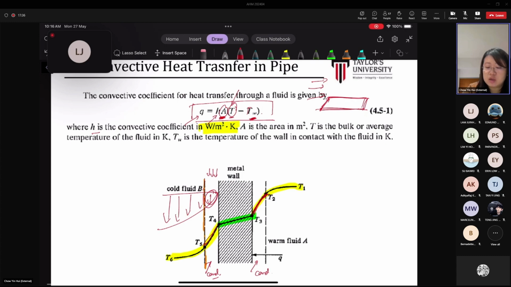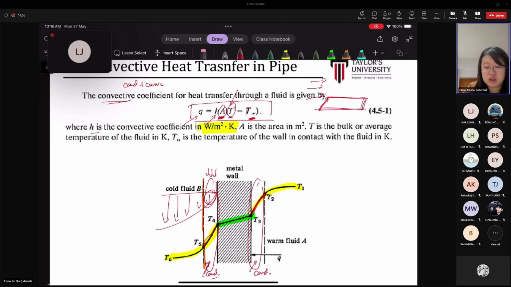That's why, when we talk about convective heat transfer, it is actually a combination of conduction and convection. In these two sections, because of the very low velocity, the fluid flows at a very slow rate, so most of the heat transfer is by conduction, and therefore it experiences the most temperature drop.